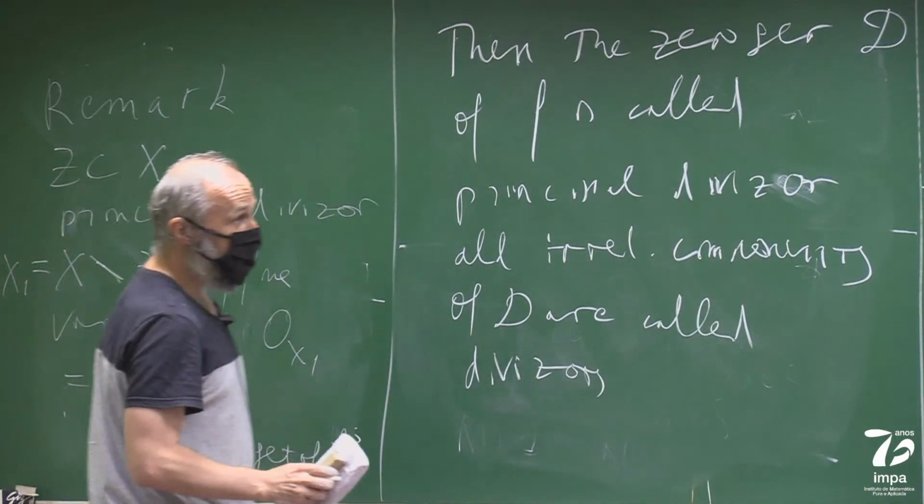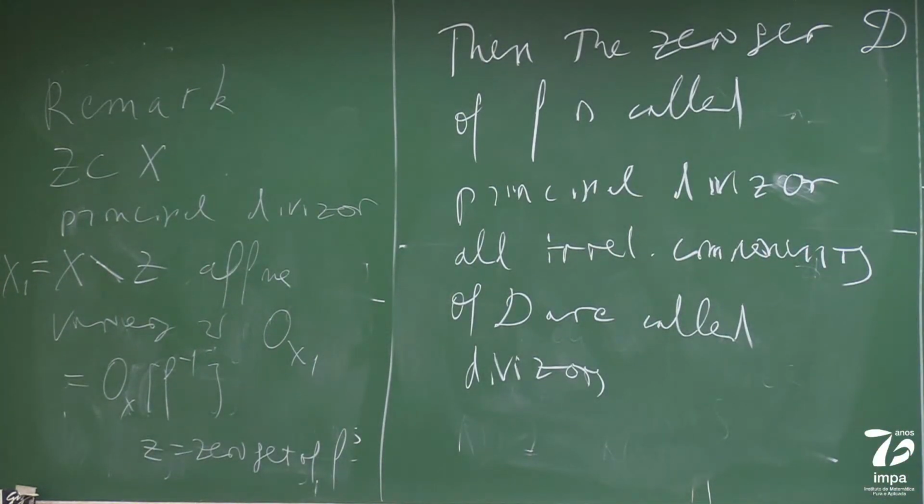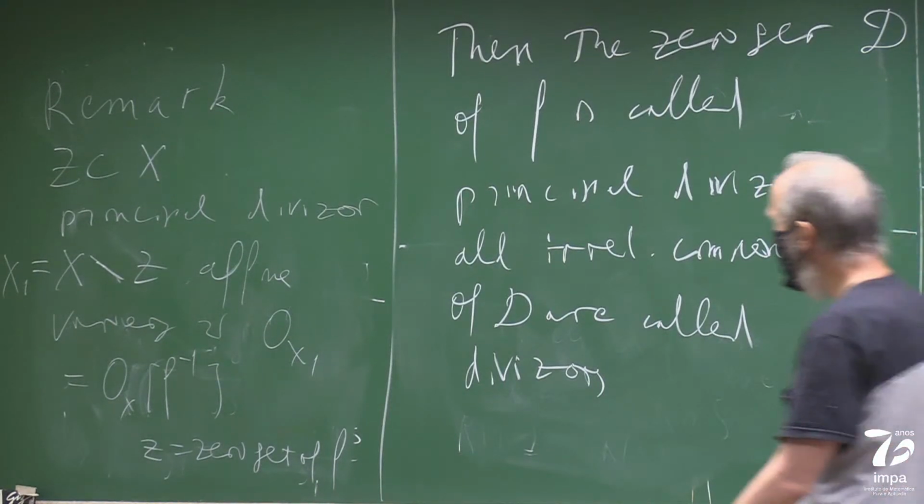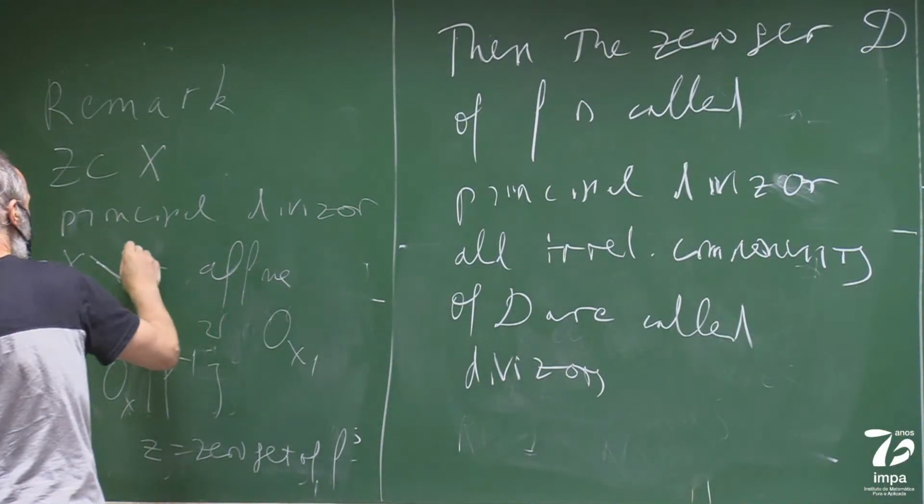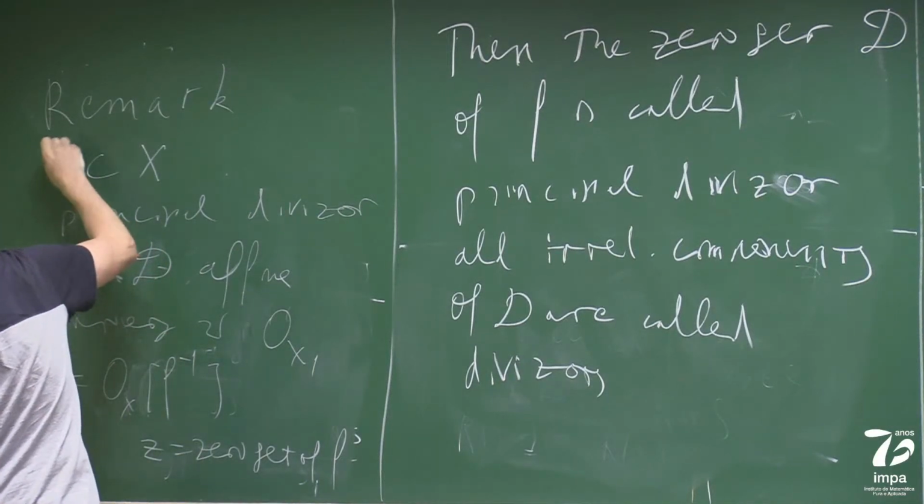In other words, we can also rewrite it as, so here it's D instead of Z, so let's call this D here and D there.